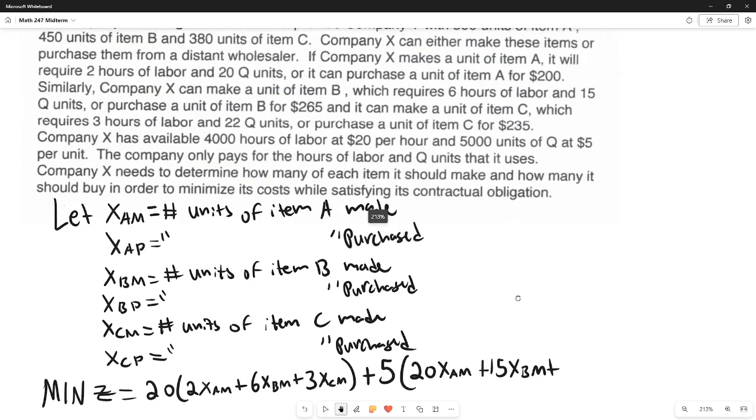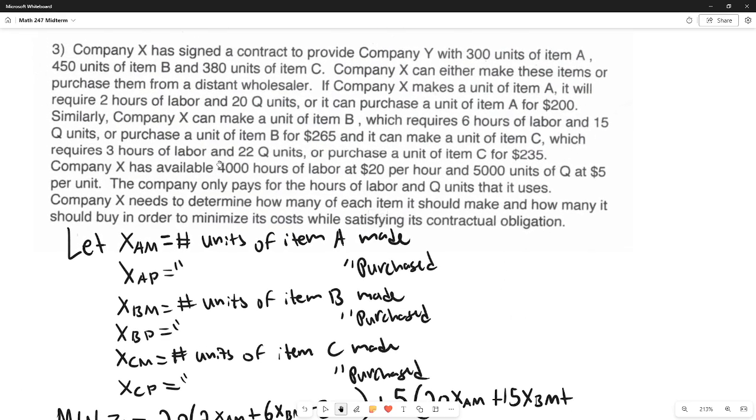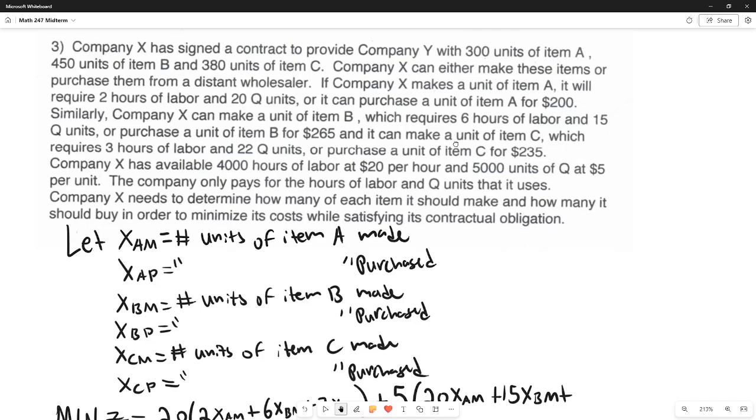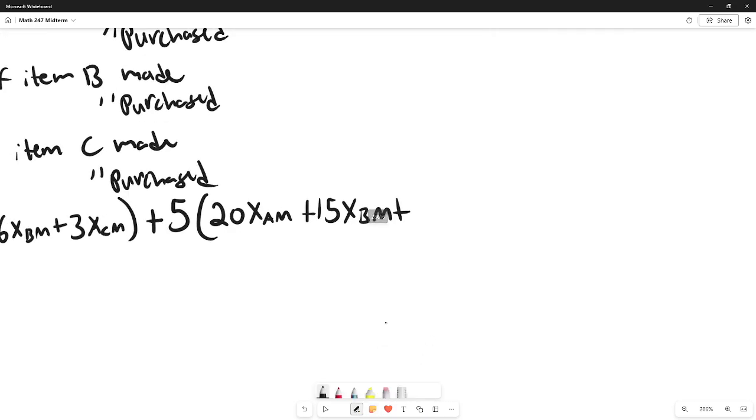And how much does item C require? Well, item C requires 22, so 22 XCM. Okay. So this is our Q units, right?